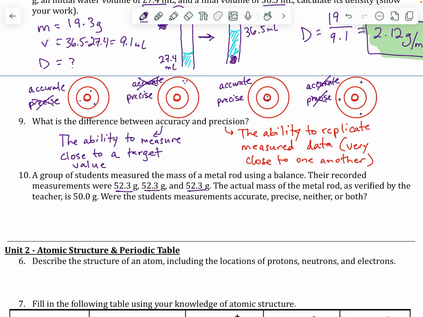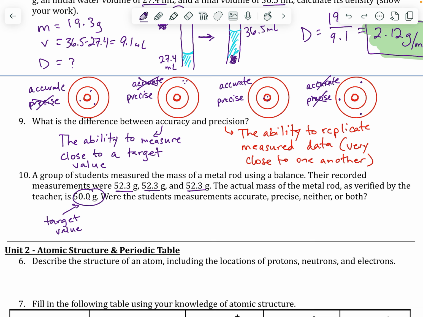But then they're told that the actual mass, which is the target value, is 50 grams. And so now we have to say, well, were they close? We'll give you a threshold, and usually to be close, it really has to be within a few decimal places of that target value. So this is a little further off than that. 2 whole units is quite off.